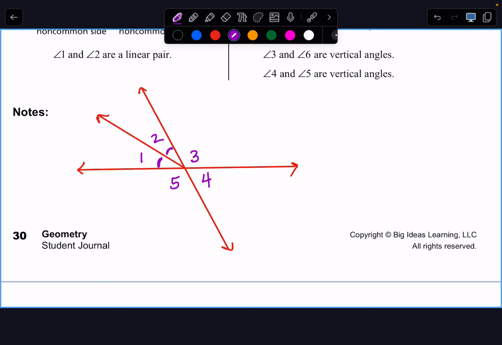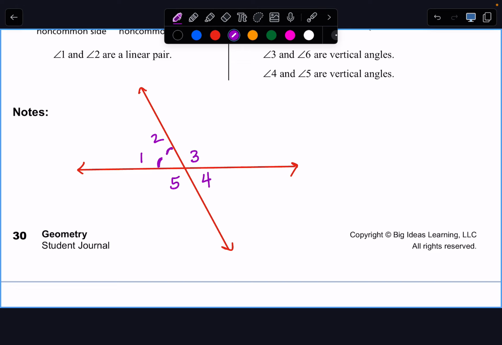Angle 4, and then 1 and 2 together. It doesn't have to have the circle thing that matches 1. So 1 and 2, if I get rid of this, are vertical angles. Do you see that?